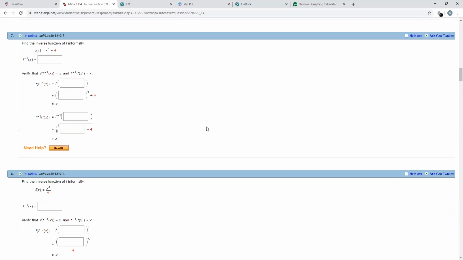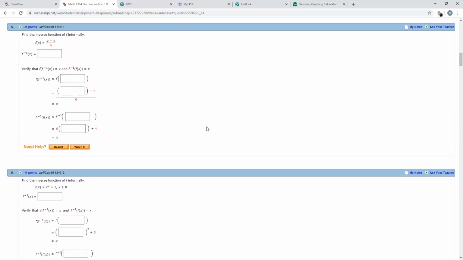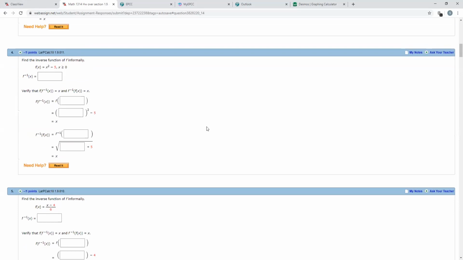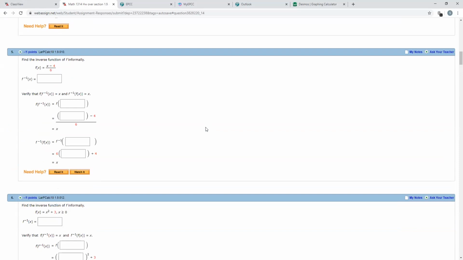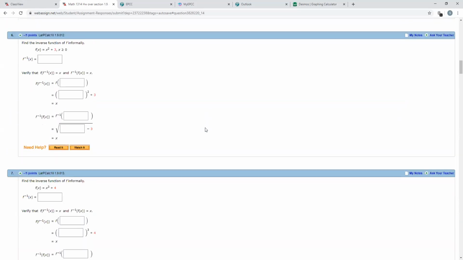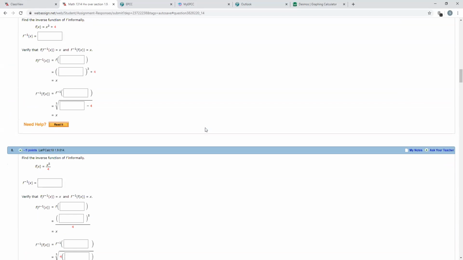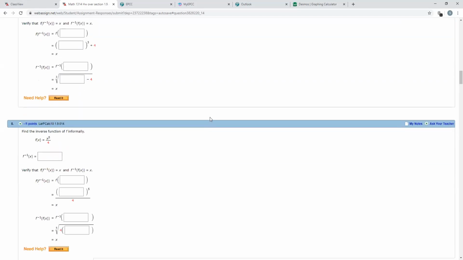That's number 8, number 7, up to number 3. How about number 8? Okay, so I'm going to write this down. They only give us one of the functions, and it's x to the 5th over 4.